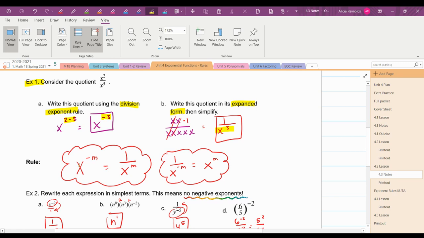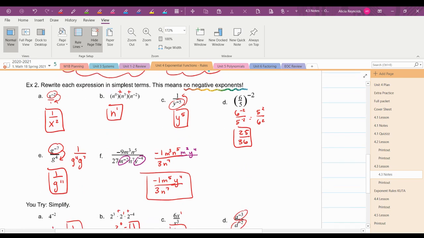So we should notice that if I have x to a negative power, that will be equal to its reciprocal with a positive power. So if I have an exponent with a negative in the denominator, and I move that to the numerator, then it will become positive.